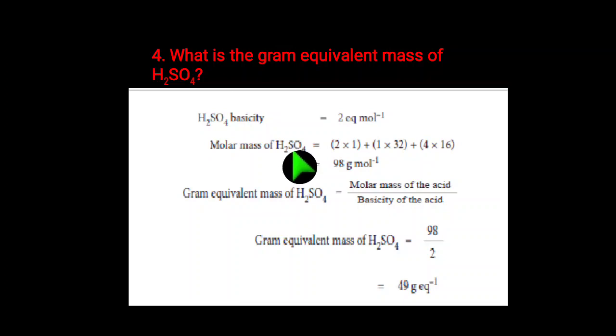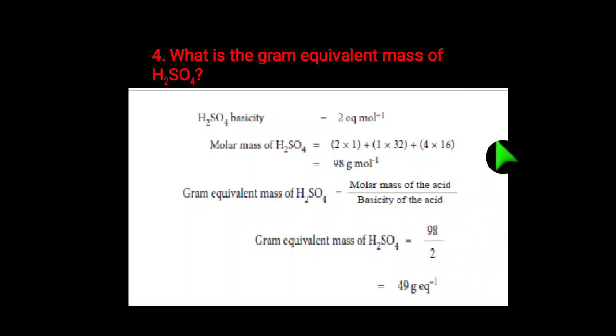Sulfur atomic mass 32, 1 sulfur, so 1 into 32. Oxygen atomic mass 16, 4 oxygen, 4 into 16. Totally 98 gram per mole. So 98 divided by basicity 2 gives the gram equivalent mass of sulfuric acid, 49 gram per equivalent.